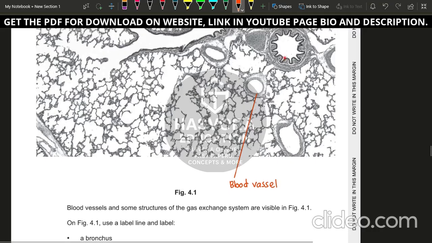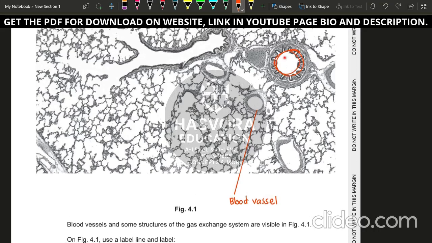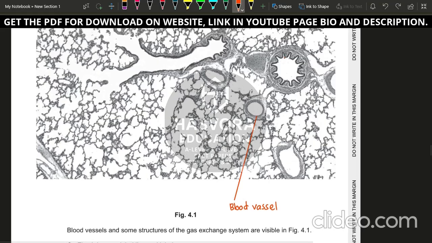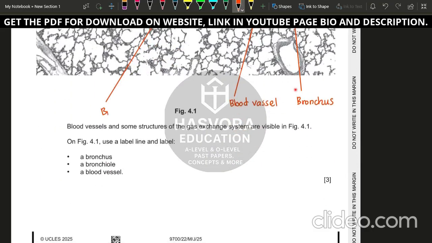For the bronchus, this one is your bronchus, because we know that the innermost layer of the bronchus is convoluted, or you can say it has folds. The one that is less convoluted, or more straight, will be your bronchiole. Okay, so this is how we have to label.